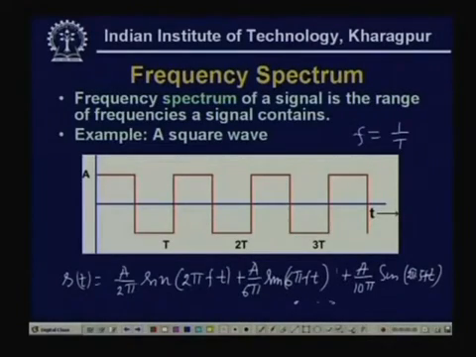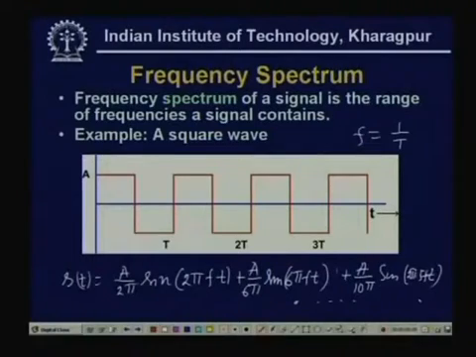In this way it will have all the frequency components, say frequency components of 3f, 5f, 7f, 9f and so on. However, as you can see, the amplitude gradually decreases: A by 6 pi, A by 10 pi, A by 12 pi, like that it will keep on falling.